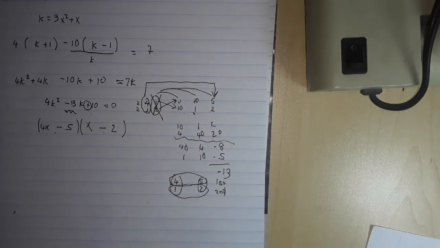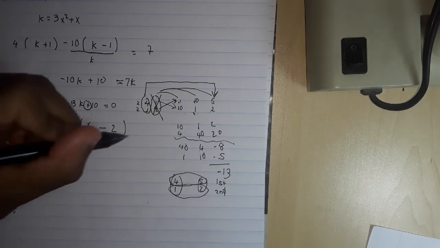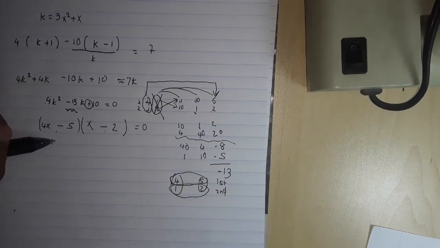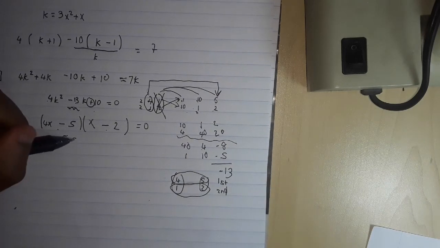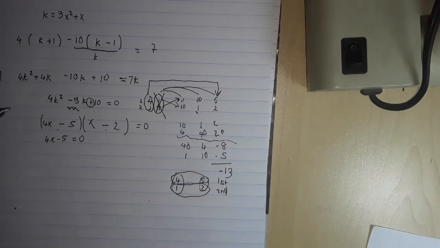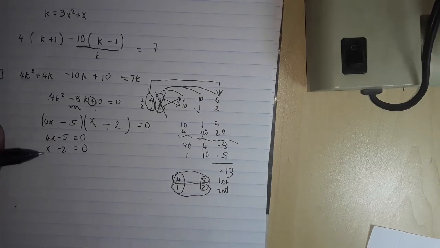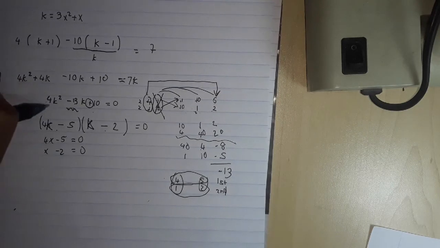So do you see we're able to quickly factorize it, and then if we try to solve this, we will say 4k minus 5 equals 0, and k minus 2 equals 0. Sorry, it's not x, it's k instead, because we're using k here.